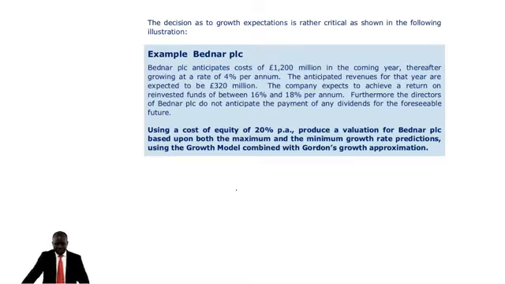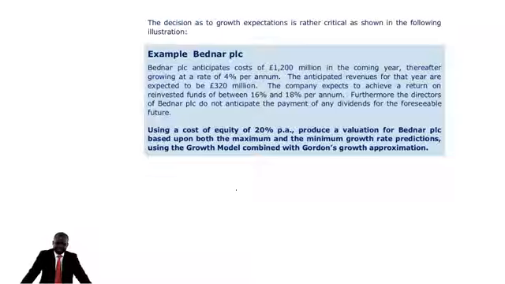Okay, so let's go. Bednar PLC anticipates cost of 1,200 million in the coming year, thereafter growing at a rate of 4% per annum. The anticipated revenues for that year are expected to be 320 million. The company expects to achieve a return on reinvested funds of between 16% and 18% per annum.